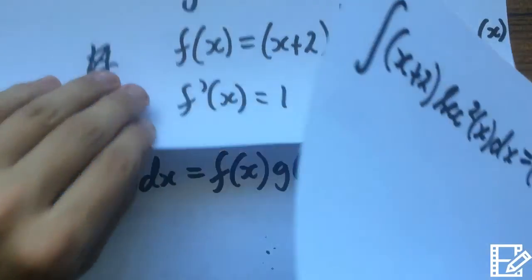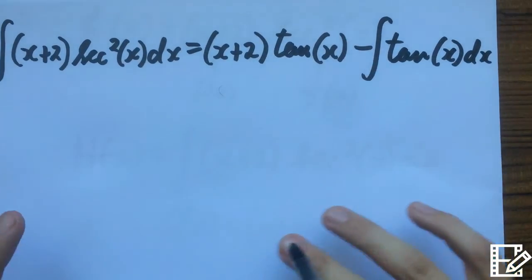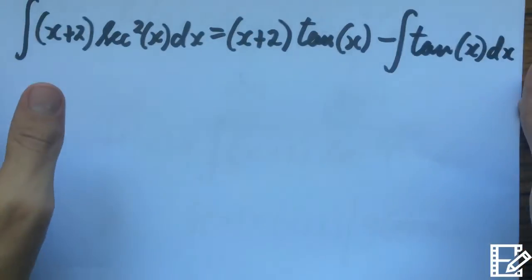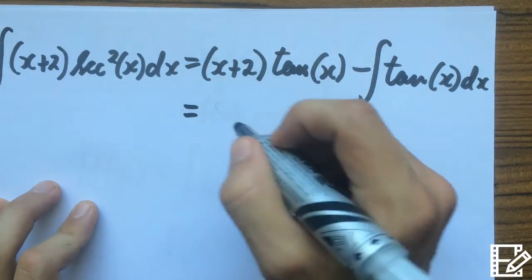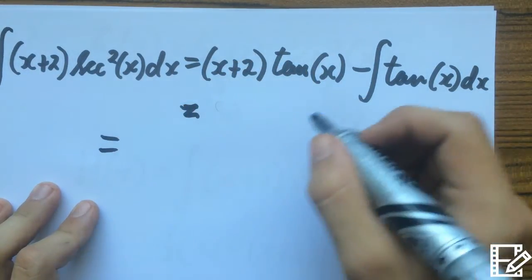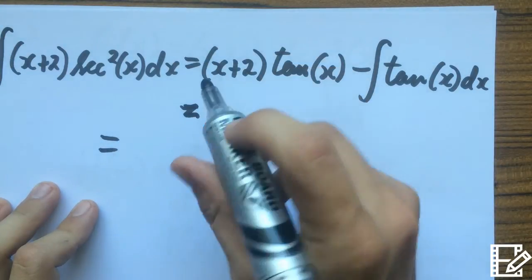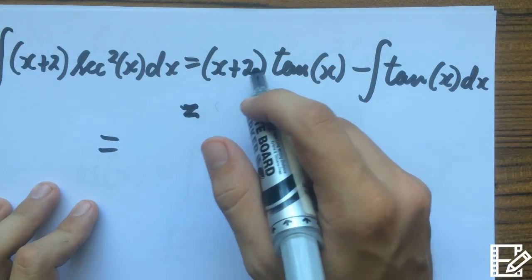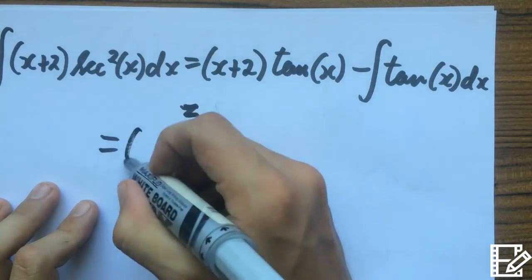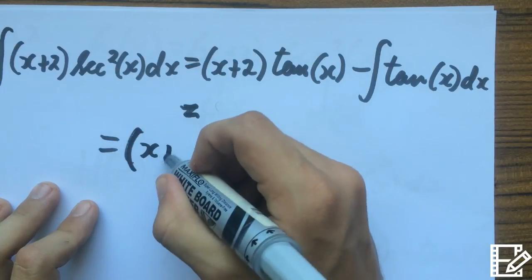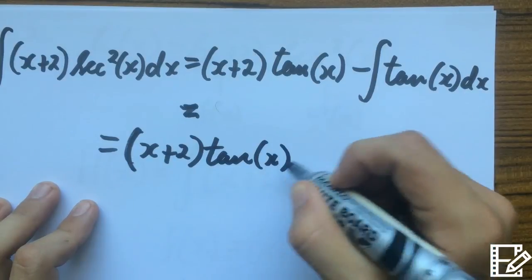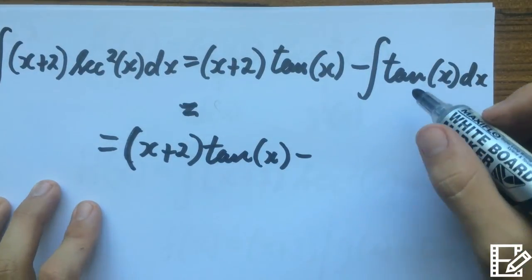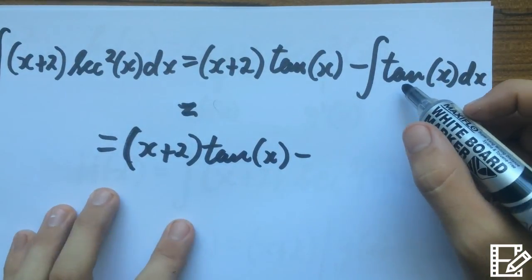Okay, so now we know this. We have the formula written up, so we can go ahead and solve it. I'm going to rewrite it back here so I have more room. x plus 2 multiplied by tan x, we can just leave it like that. It looks neat enough as is. Okay, now the integral of tan x.